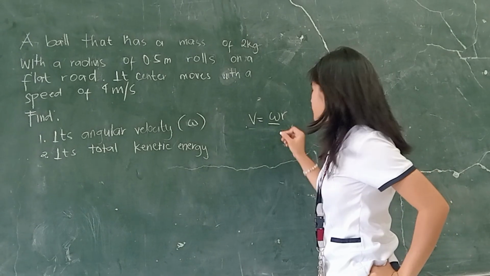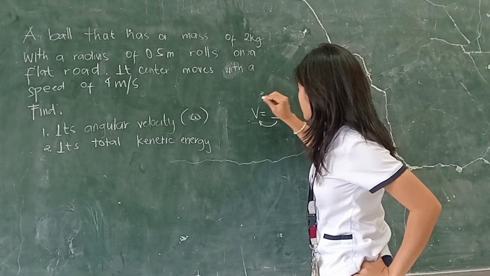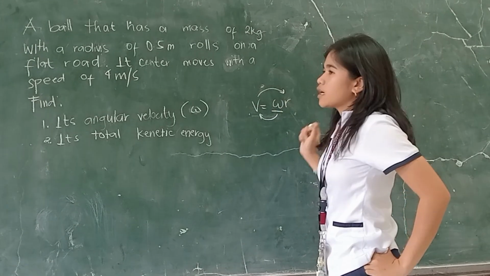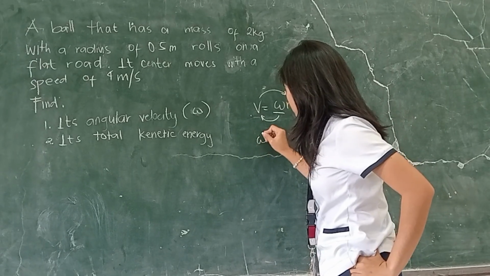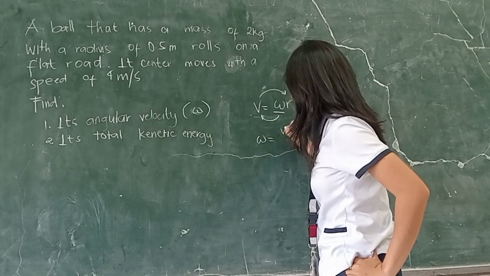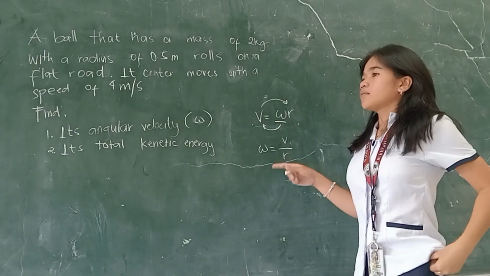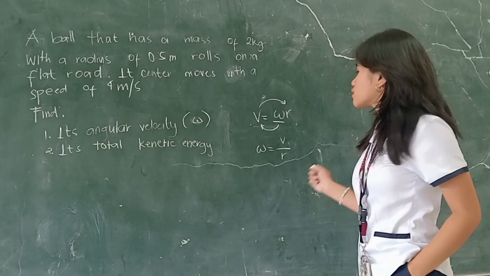The omega will be transposed here, and our tangential velocity will be transposed here. So our formula would be omega is equal to velocity over r. Why over? Because multiplication would be division if we transpose.